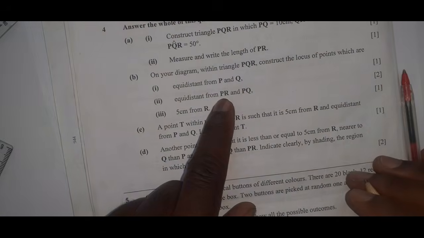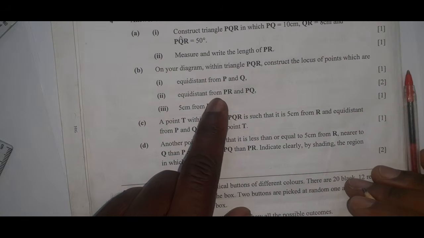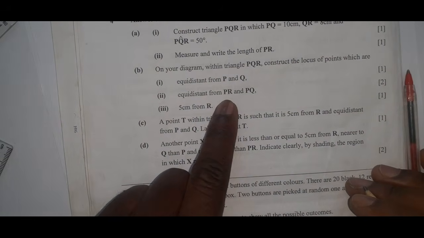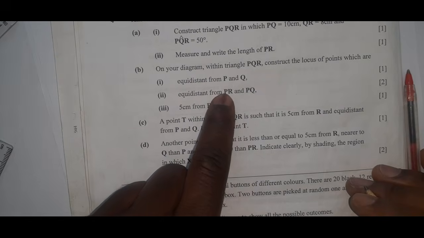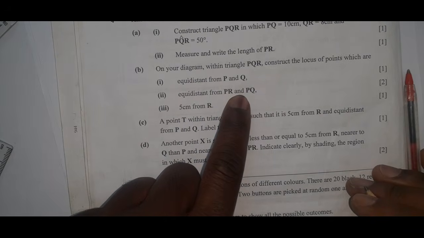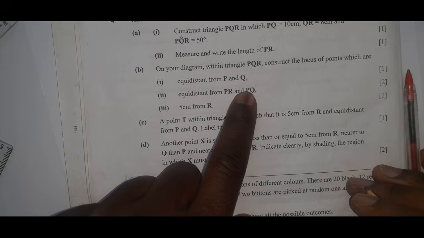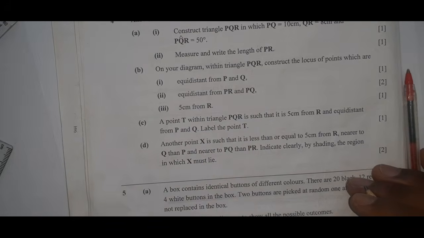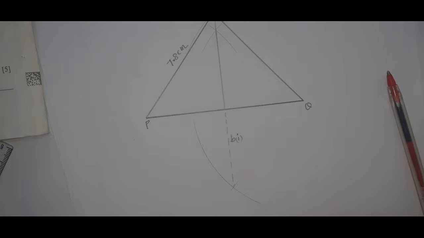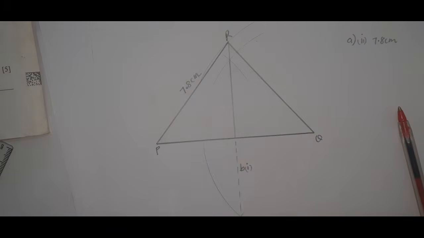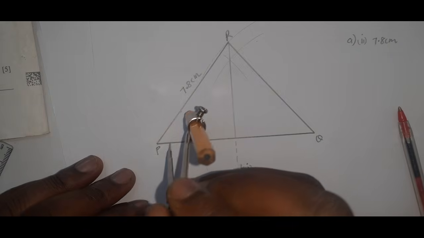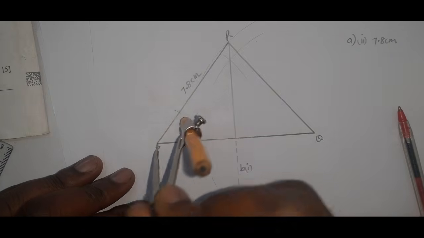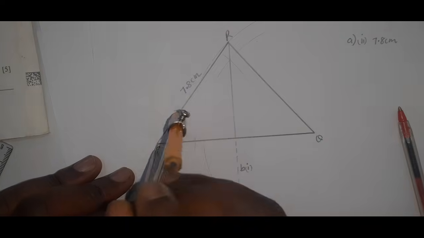Then we come to this other part. What does it say? Equidistant from PR and PQ. So what is the common letter here? The common letter is P, so we need to bisect this angle P. Okay, and how do we bisect? You start with an arc here. Draw the arc like this.